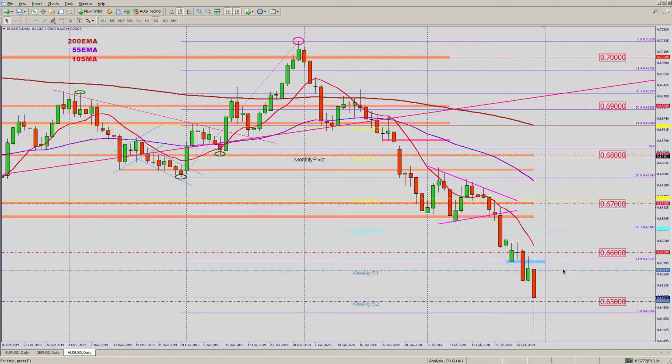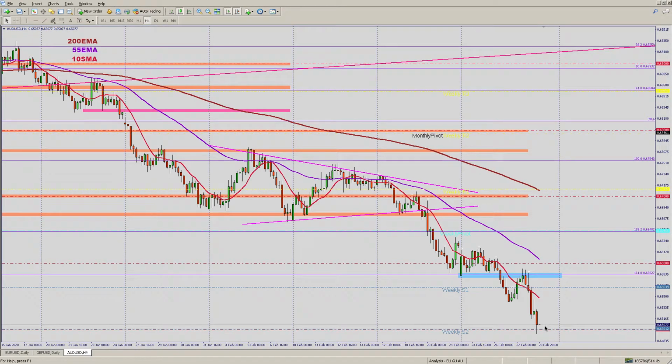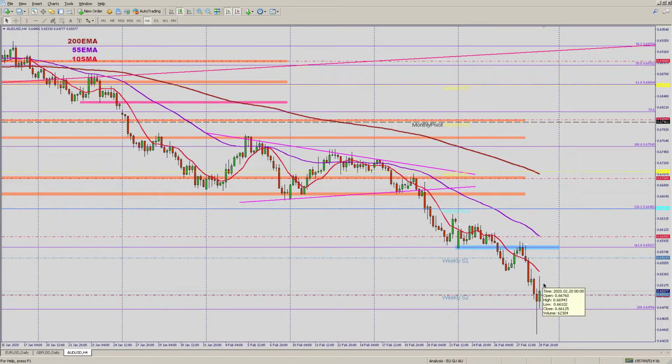And the Aussie has not been able to recover after falling below the low trend line of the triangle. That was the previous week, and it extended its fall all the way through the 200 fib extension level, but then also recovered towards the end of the week, to climb back above 0.65, but only just barely.